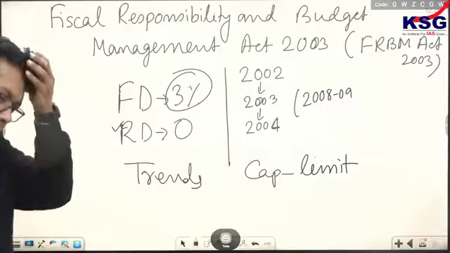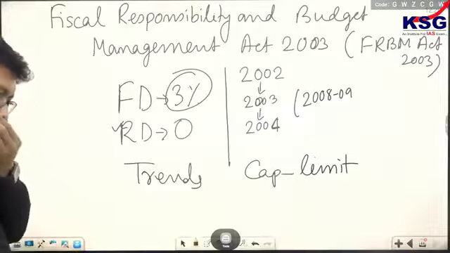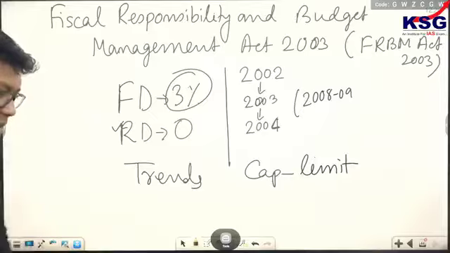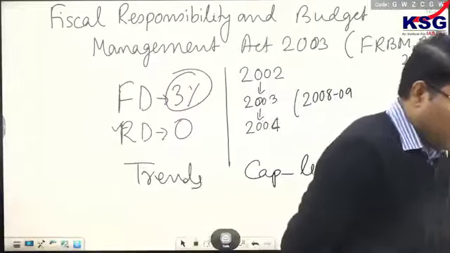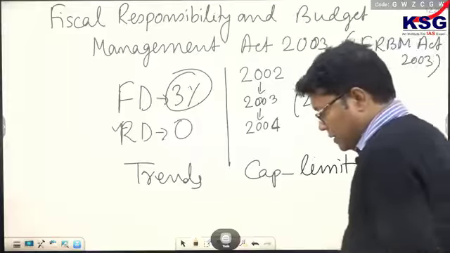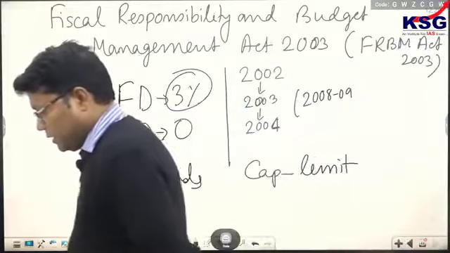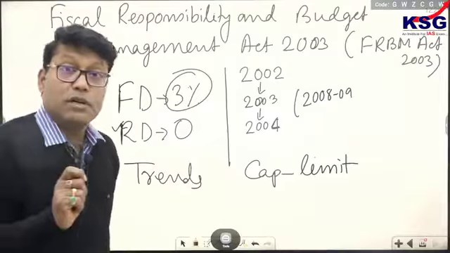The act prohibited the government from borrowing money from the RBI. Again, you remember, not for short term.